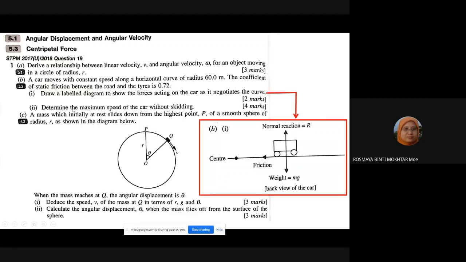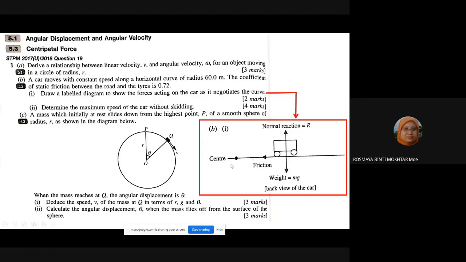Okay, next, determine the maximum speed for the car without skidding. So the car moves in a horizontal circular motion. So where is the direction of the centripetal force? The direction of the centripetal force must be towards the center. So we need to determine the forces that provide the centripetal force.